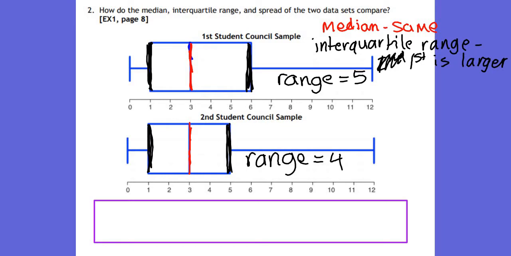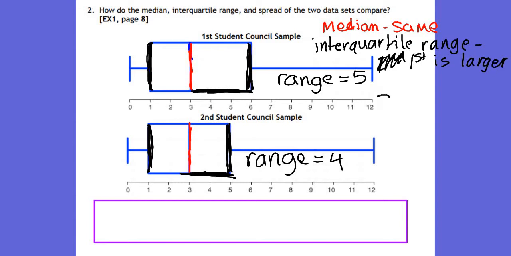Is it still spread out evenly? No, but since this box is a little wider than the second box, for people on the video watching, since this box is a little wider than this box, it's telling me it's spread out a little more than the first.